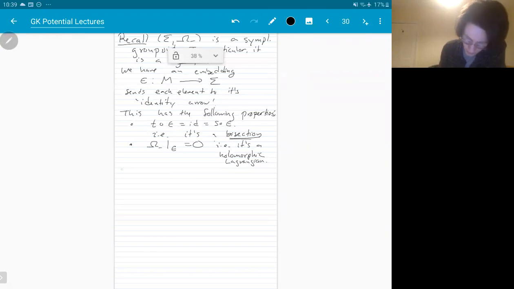If we now consider inside of Z omega, which remember is the same space but with a deformed symplectic form, we get a submanifold, which I'm going to call L now, but it's really the same thing as the image of epsilon.